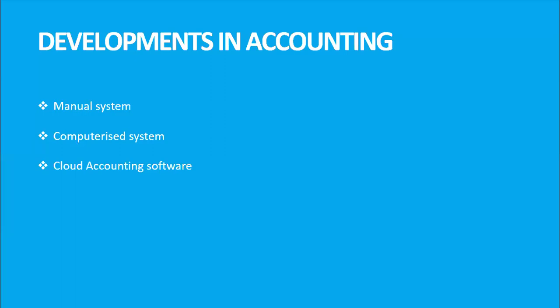It can be accessed anywhere once there's internet access. And then cloud systems use API, an acronym for Application Programming Interface, which is a software intermediary that allows two applications to talk to each other. So for example, when you integrate your bank information with XERO, as transactions occur in your bank account, it seamlessly comes into XERO.